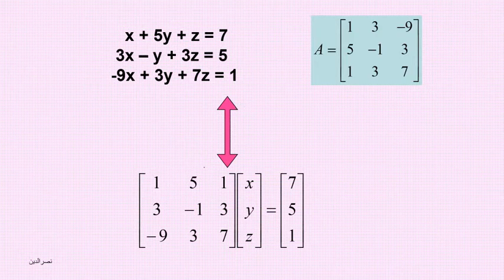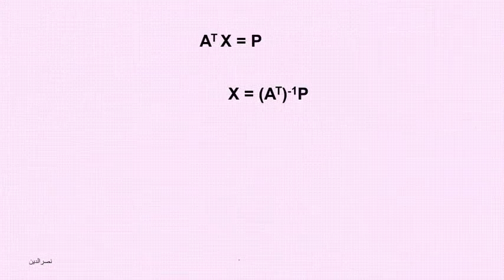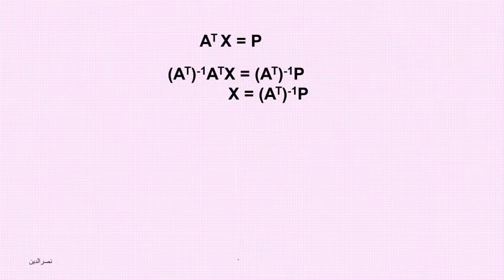This one is the transpose of A. So this one is A transpose X equals B.